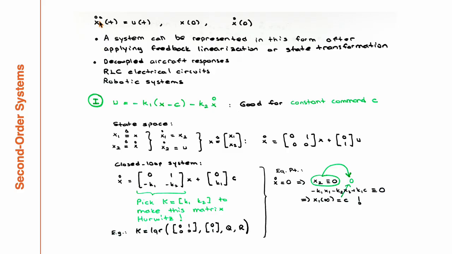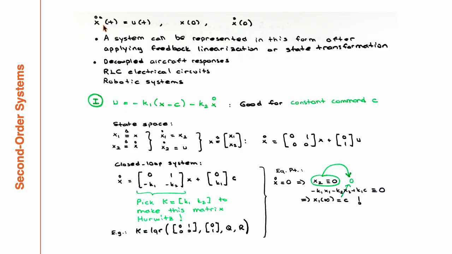So, as I mentioned, this type of system pops up from multi-agent systems when we design higher level motion planning algorithms. They can also represent decoupled aircraft responses, pitch, yaw, and roll. We approximate quadcopter dynamics like this when we control each axis plus the altitude.